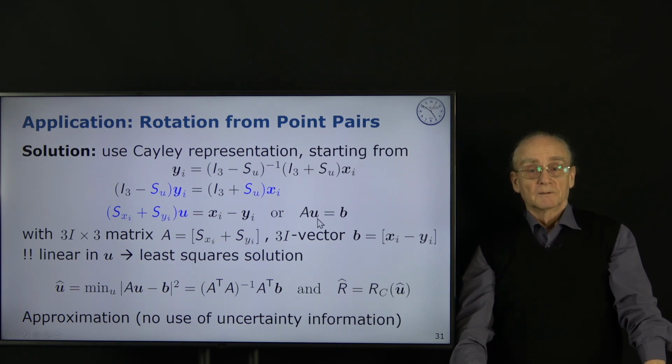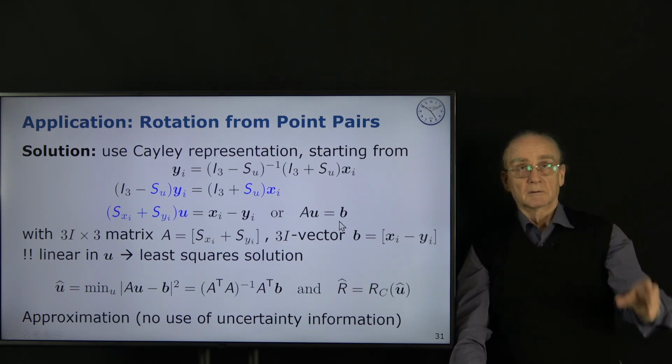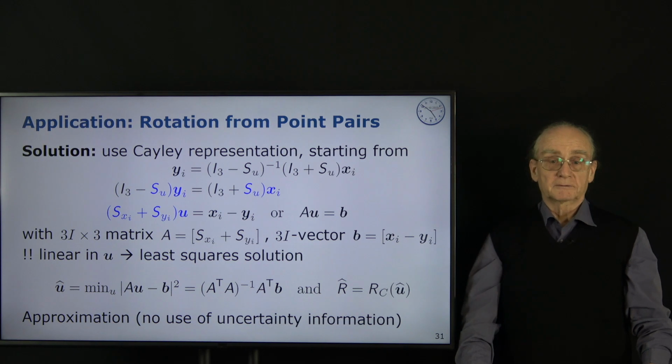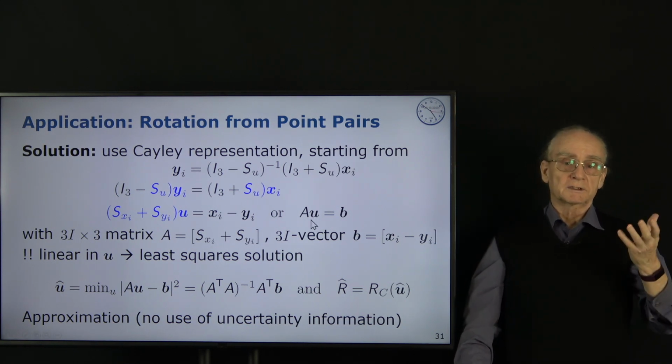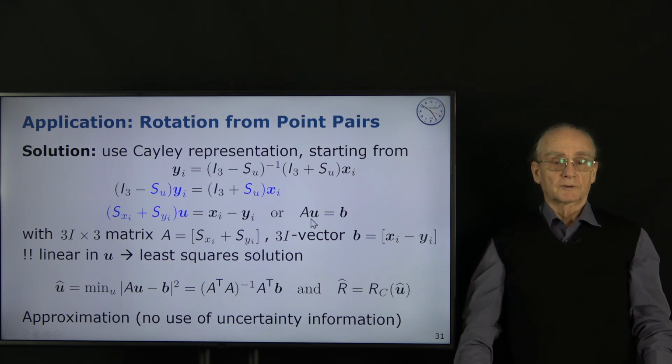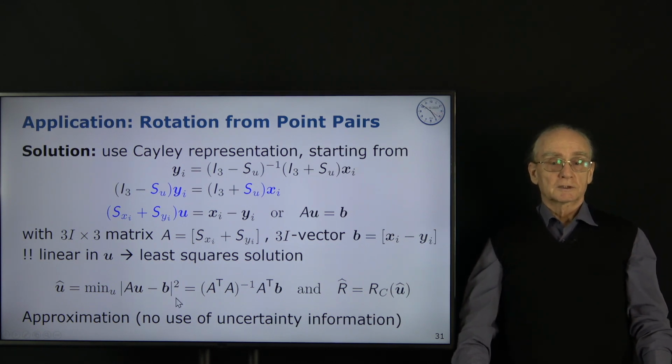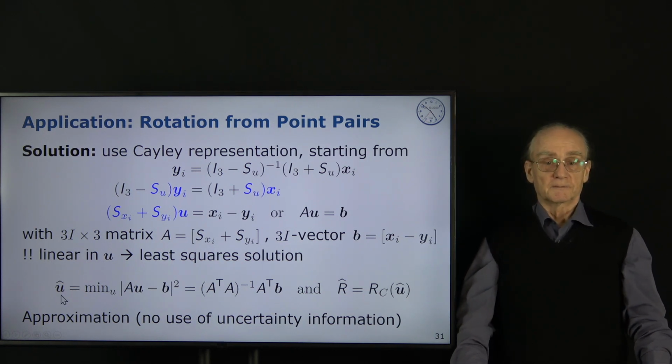So we have to solve this equation system with a tall matrix A, and because we usually have some errors in our measurements, we look for the least square solution. So we minimize the difference between A u and B, and get what you know from least squares theory, this expression, explicitly to get u from this linear equation system.